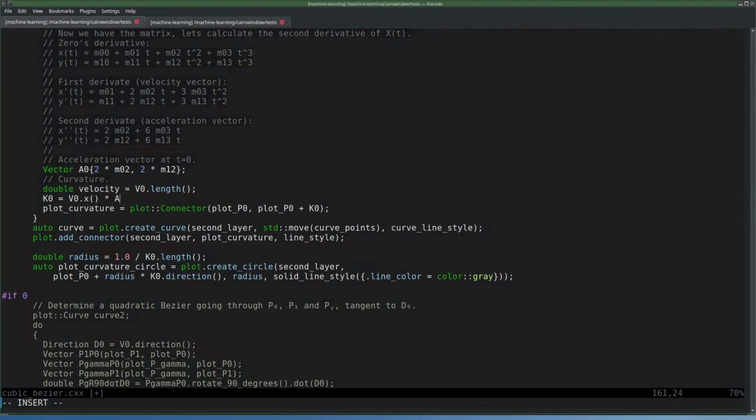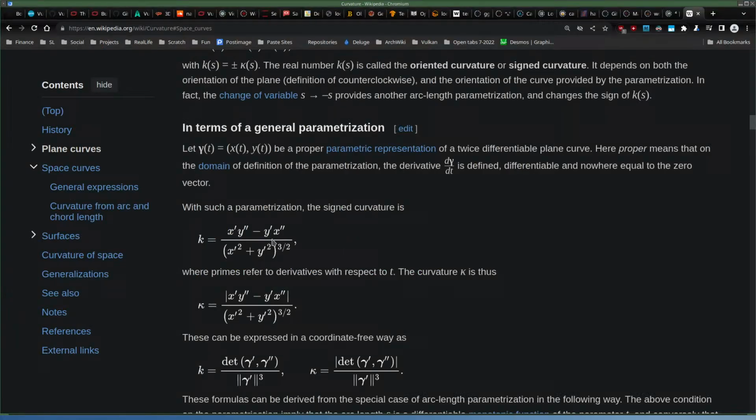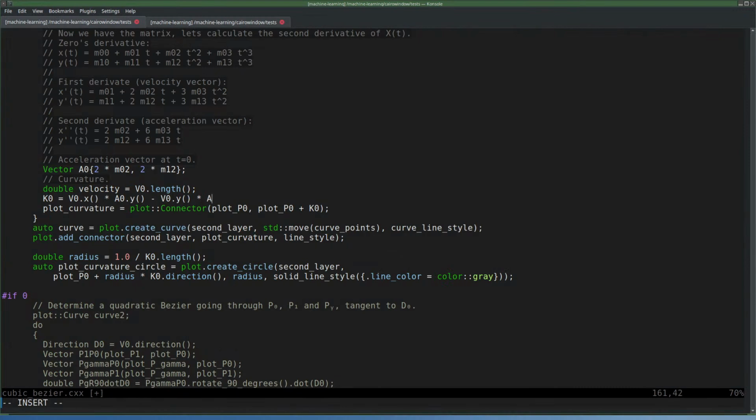The V0X times A0Y minus V0Y times A0X, divided by the velocity times the velocity times the velocity.